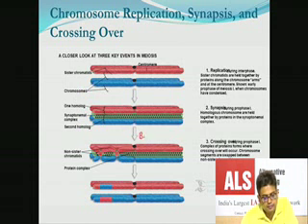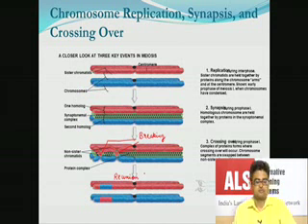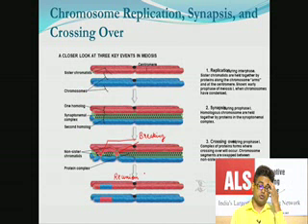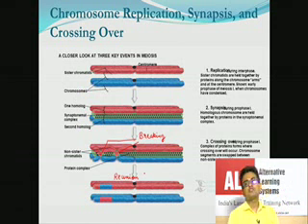This is called breaking and this represents reunion. Crossing over is explained by the breakage and reunion theory by two scientists, Stern and Hotta.